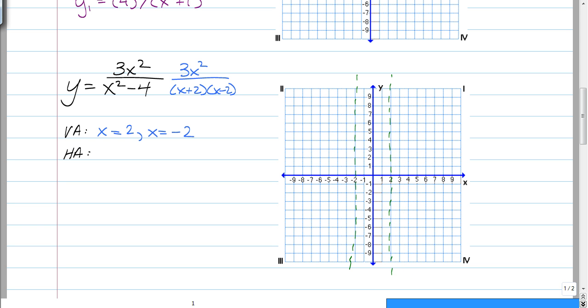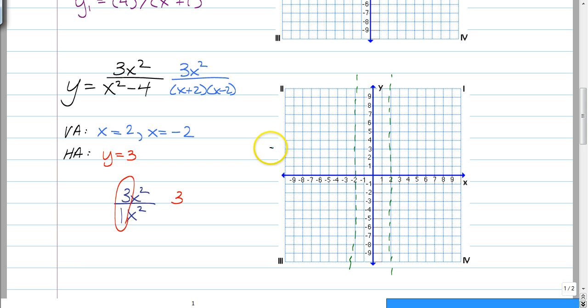So then for your horizontal asymptote, you have a 3x squared for your highest on top and a 1x squared for your highest on the bottom. So since you have the same number on top and bottom, you need to just use the leading coefficients and reduce, so your horizontal asymptote is y equals 3.